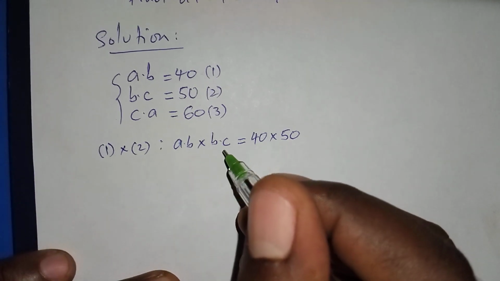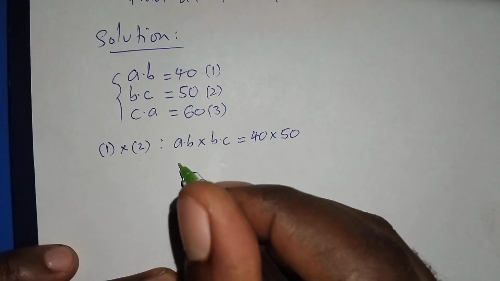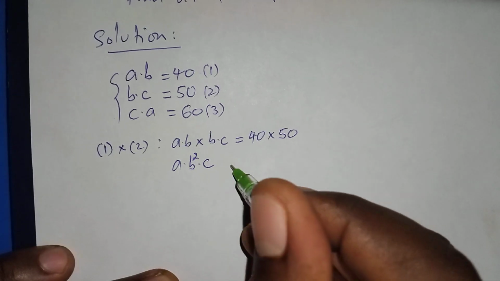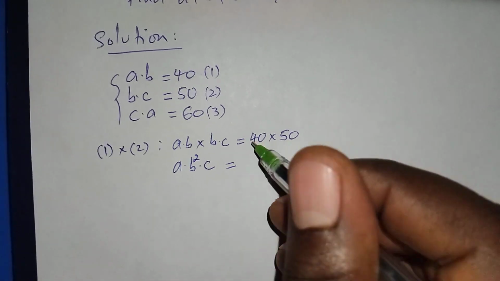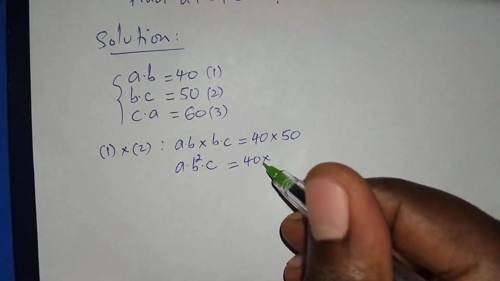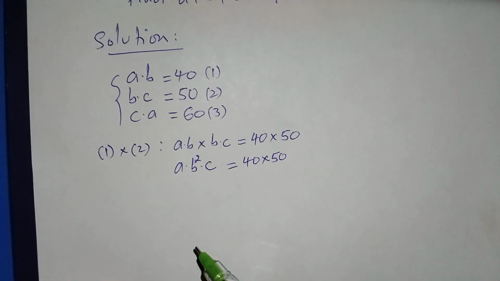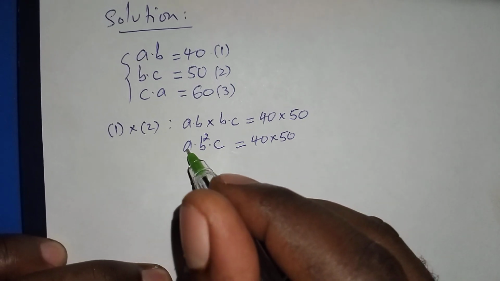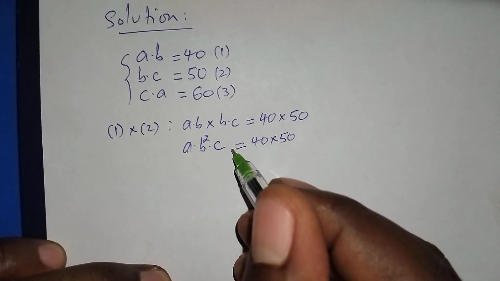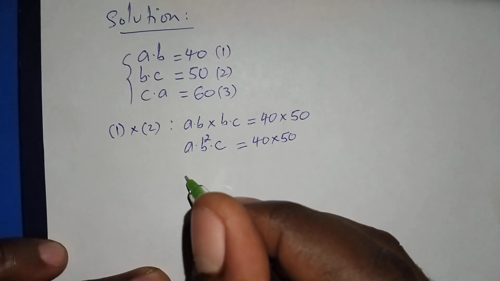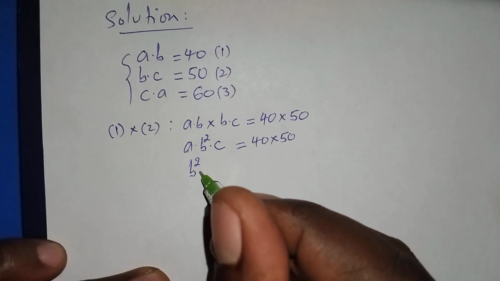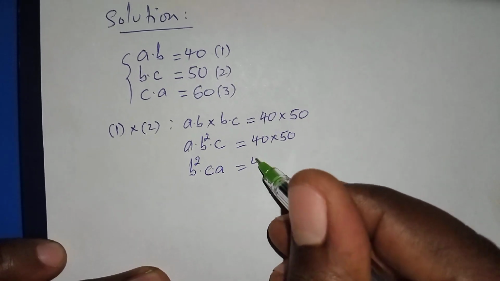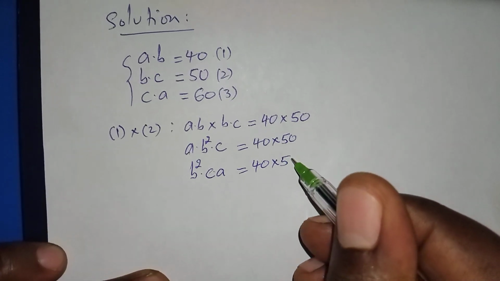Here we have A times B square times C is equal to 40 times 50. Let's take this A after C. Here we have B square times C times A is equal to 40 times 50.